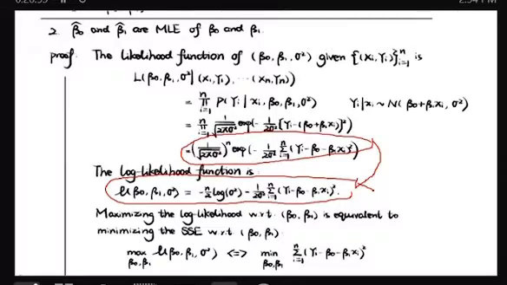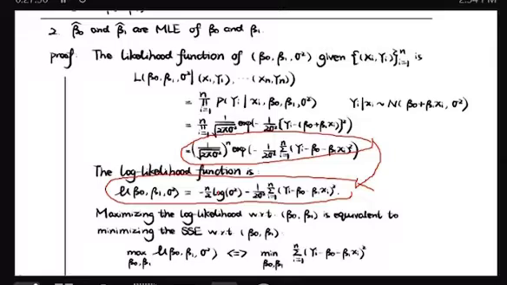Now, this is for mathematical simplicity. Because maximizing a likelihood function is the same thing as maximizing the log of the likelihood function. But without taking the log, it's going to be complicated. After taking the log, look at what we have. It's going to be easy to differentiate. Does that make sense? I love that question.